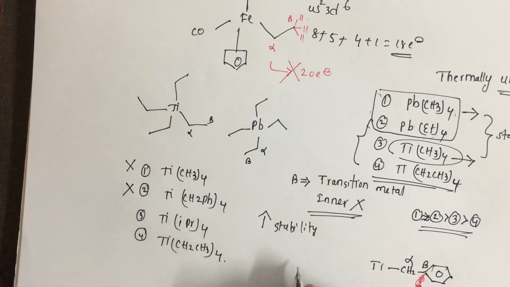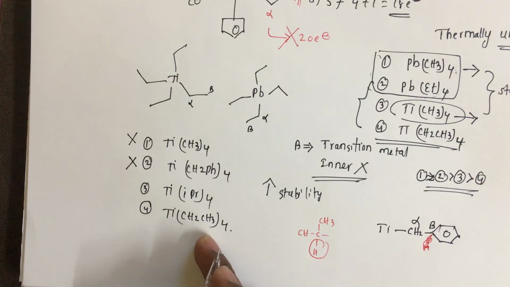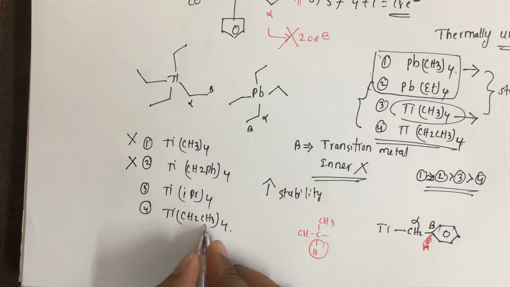Next, the isopropyl group: here we have CH, CH3, and a hydrogen here. So here we have a beta hydrogen, and the ethyl group also has beta hydrogens.